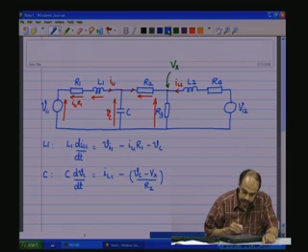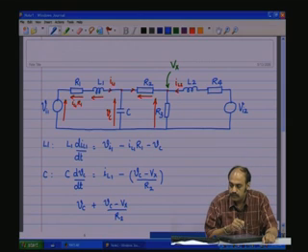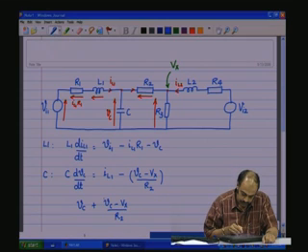So, now Vc plus (Vc minus Vx) by R2 being the current which flows through this, into R2 is of course Vx.